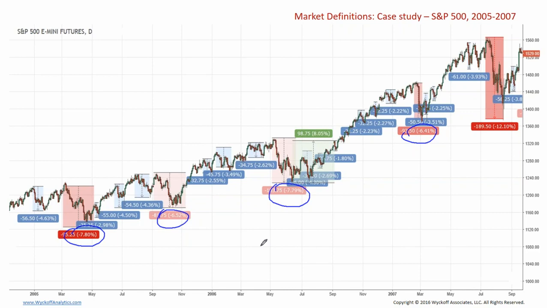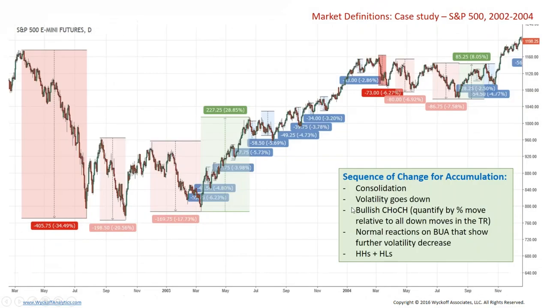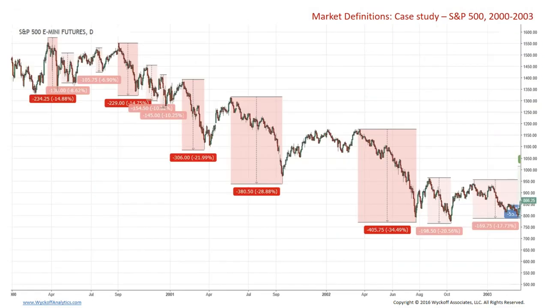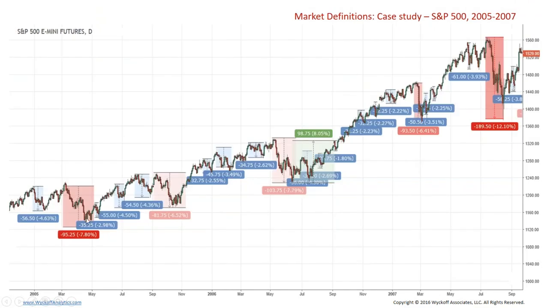We've never seen anything like what we saw at the beginning of the bear market, where the reactions are, look at these reactions, minus 15, 8, 7, 15, 10, 10, 21, 28, 34. So this is not the type of volatility that we're seeing on the way up, even on the reactions that seem to be the largest in the uptrend.